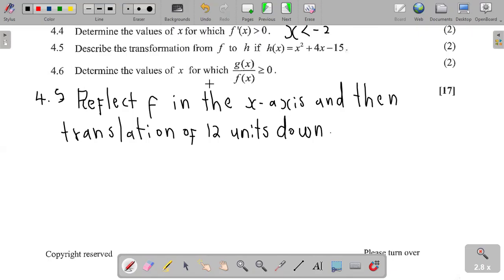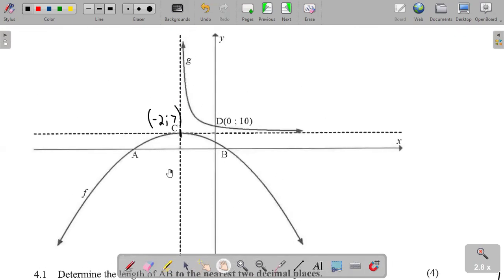Determine the values of x for which g of x divided by f of x is greater than or equal to 0. So g of x over f of x is greater than or equal to 0.